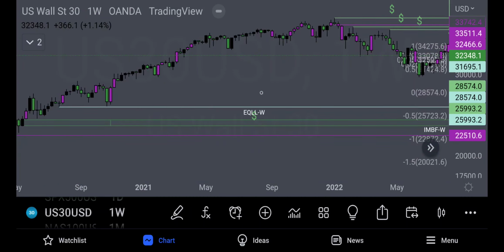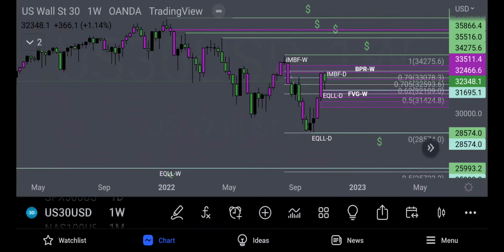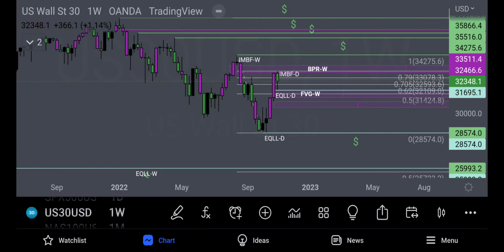All right, so that is my thought for the market as a whole. US30, NAS 100, SPX 500, S&P 500, all the like still has room to come further to the downside before we start to head up to start making an effort for all new all-time highs.